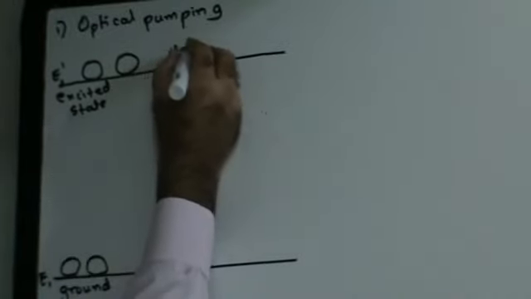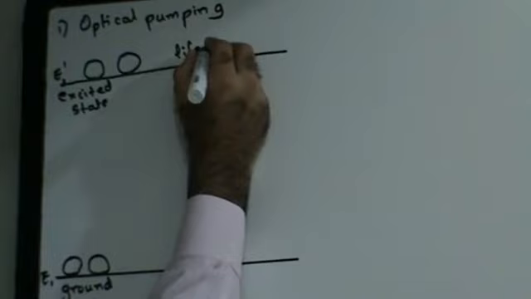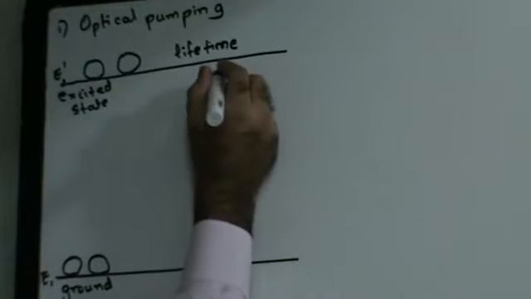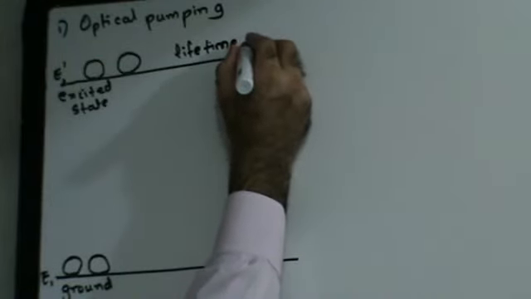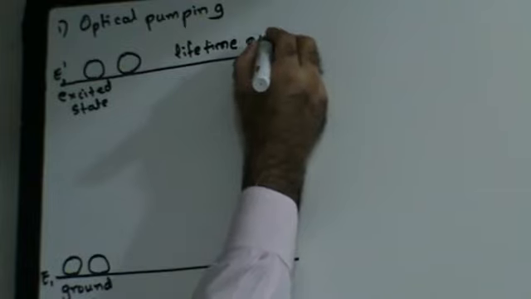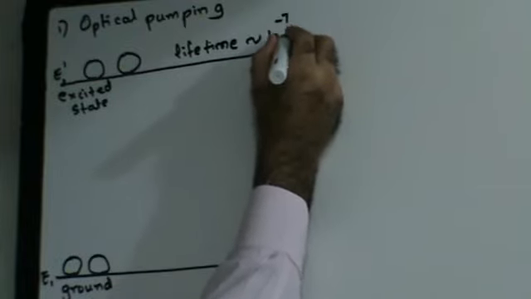The life of the electron at this high energy level, since it has acquired energy, is going to be in an unstable state. The life of the atom in this state is going to be approximately 10 raised to minus 7 seconds.